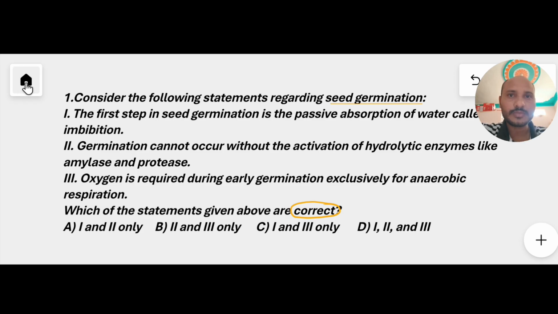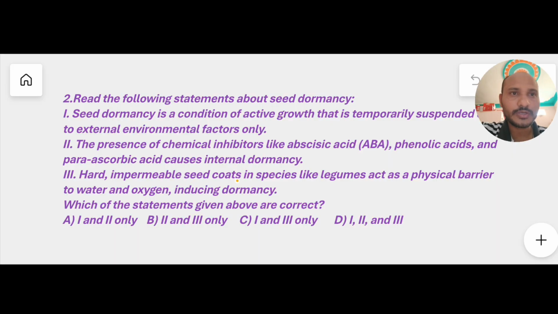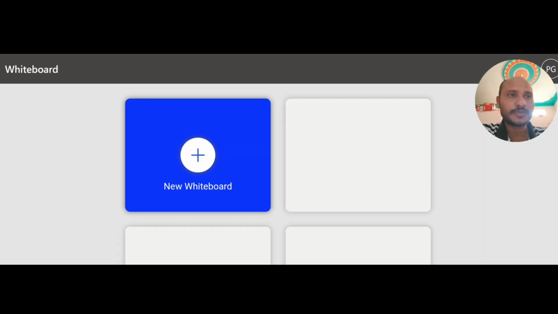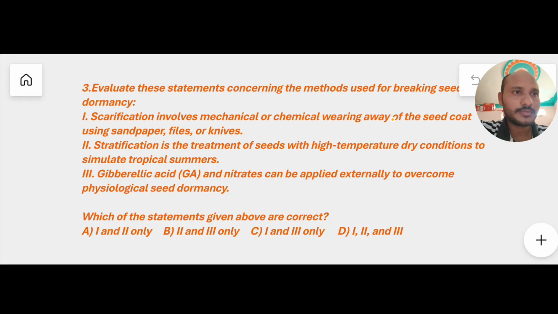Don't forget. And one more MCQ here. Read the following statements about seed dormancy. The first MCQ asked about seed germination, and this MCQ asks about seed dormancy. Read these three statements and say which of the statements above are correct. One more MCQ. Here, evaluate these statements considering the methods used for breaking seed dormancy.